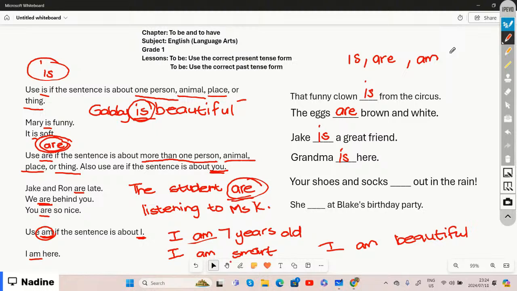It says your shoes and socks. Do we say is out in the rain, are out in the rain, or am out in the rain? You need to choose one of those. We are referring to more than one. More than one shoe, more than one sock.